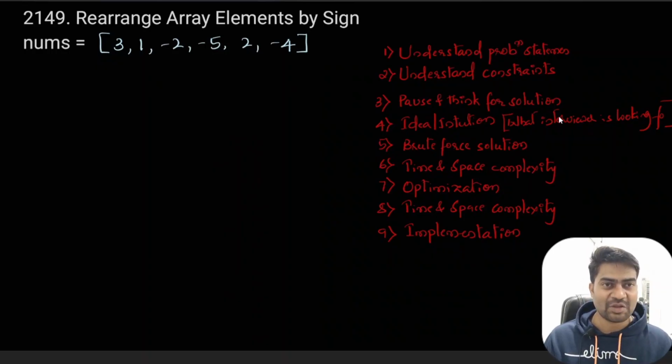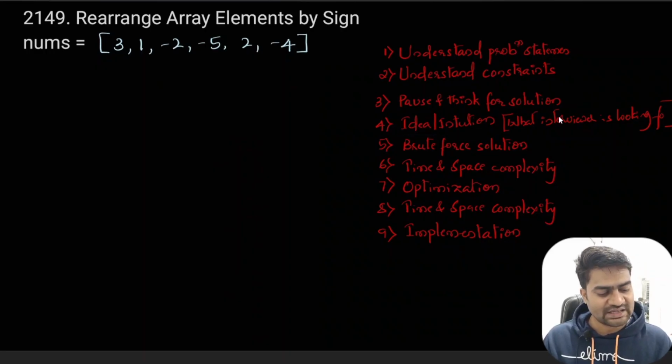So with that, you can pause for a second, think about any possible solution, try to solve it, and then come back and watch the video. Now let us try to understand the idea, or what exactly the interviewer will be expecting. If you have seen the constraint here, the length of the array will be in the range of 10 raised to 5, correct?